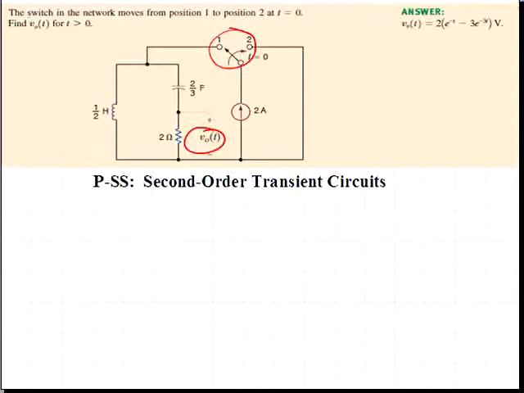So we'll begin labeling some terms in the circuit.